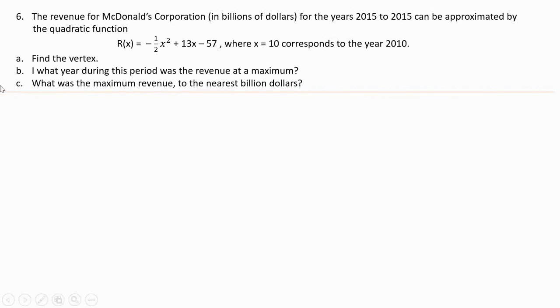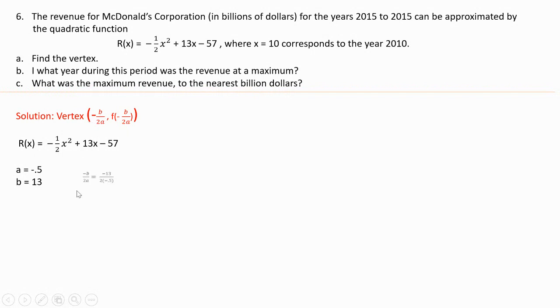Okay, so let's see how it's done. For the vertex, it's going to be the same formula, negative b over 2a, f of negative b over 2a. So what we do here, right? Let's get the revenue function. My a is negative 1/2 or negative 0.5, and my b is 13.